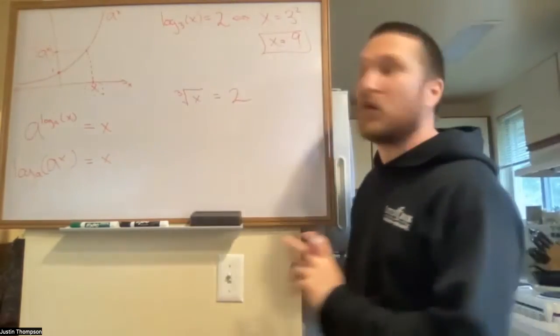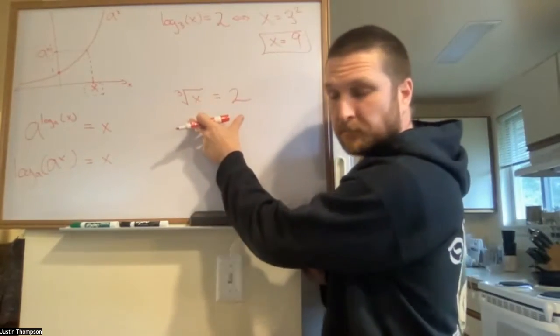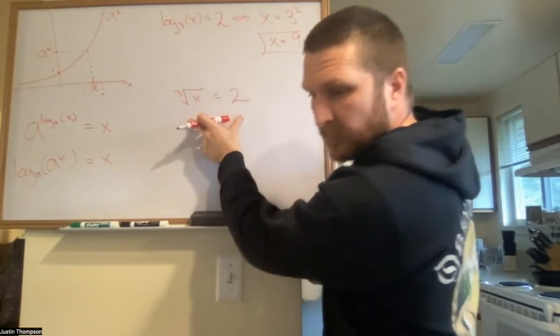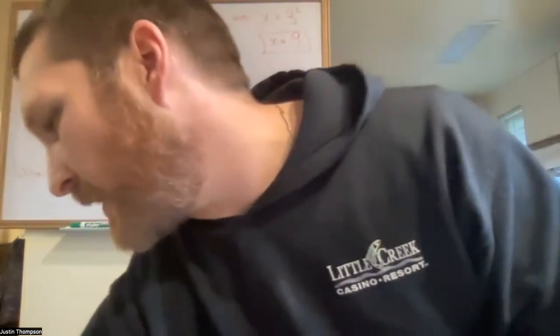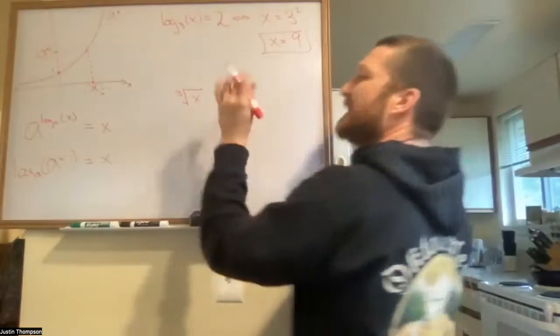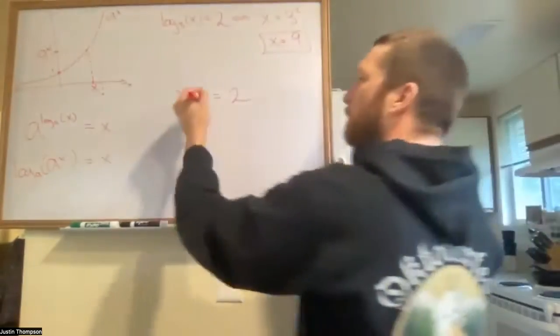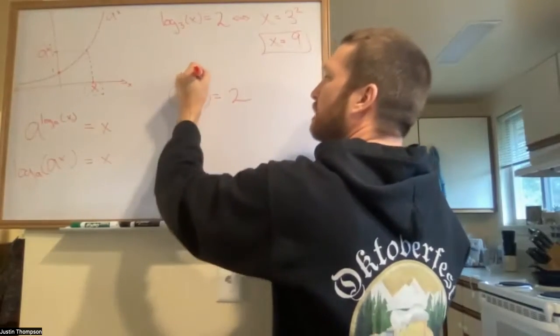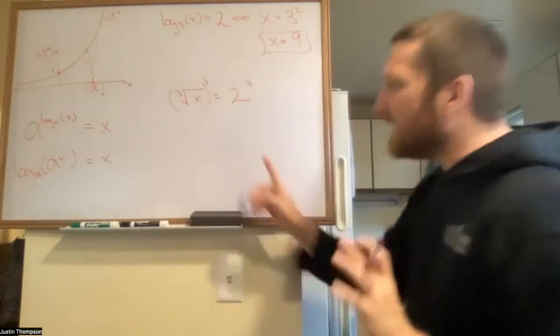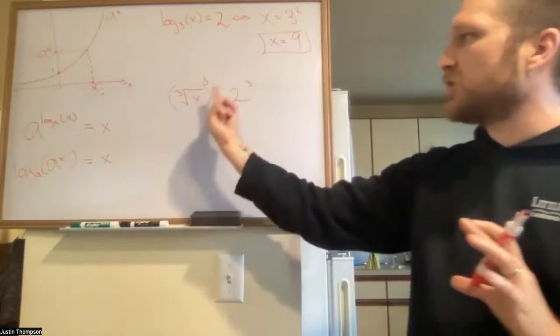Yeah. So you told me that you would do what to this? Cube both sides. And so you take the equation you already have and you cube both sides. In other words, what you did is you used that composition thing.